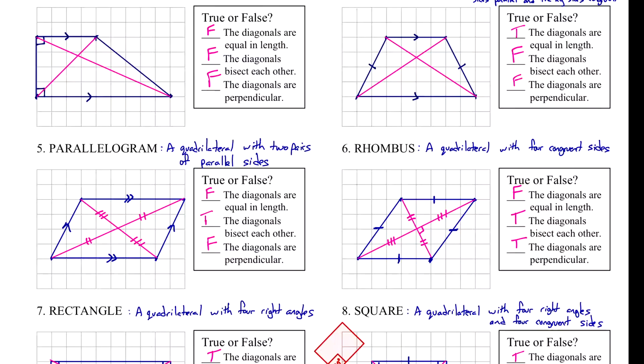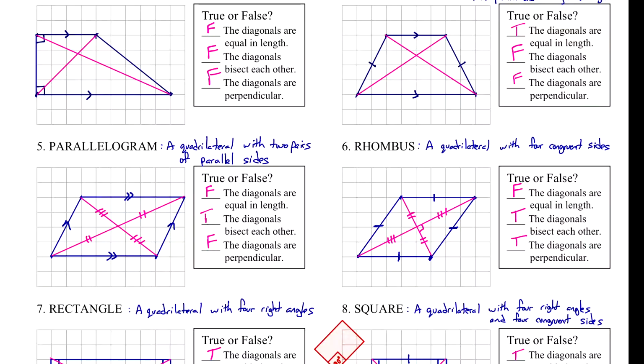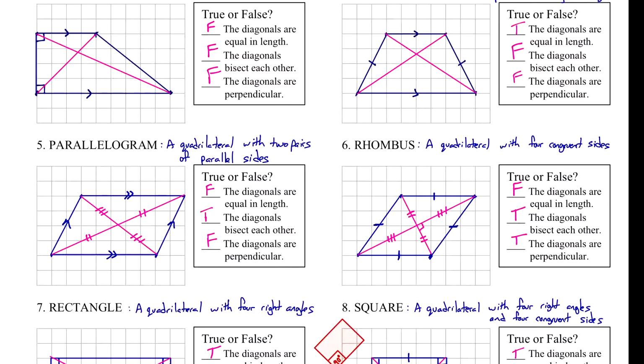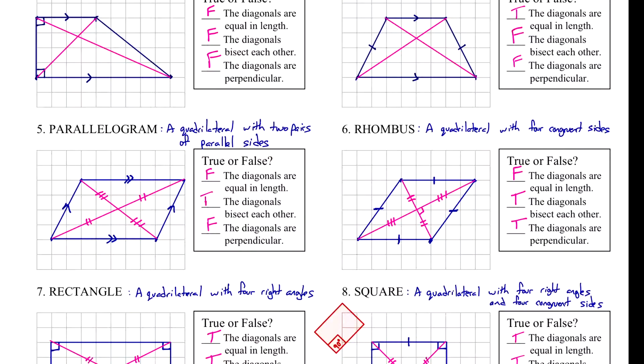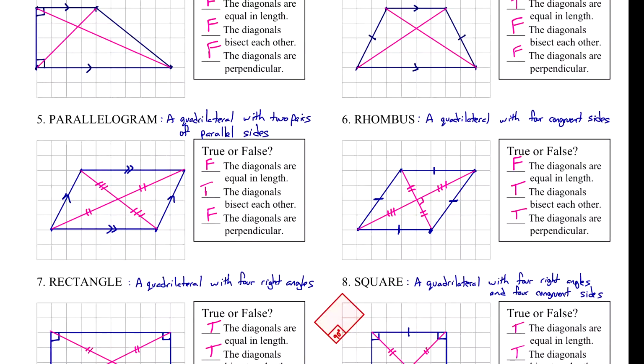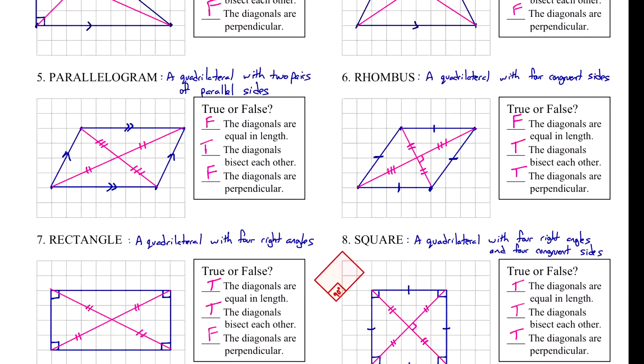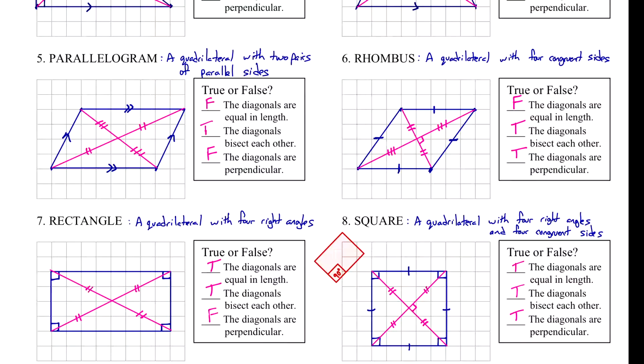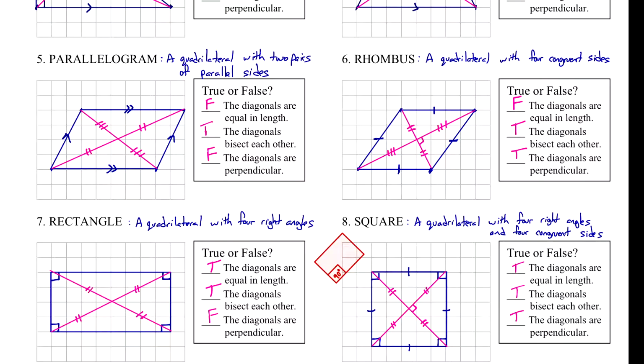Parallelogram only has 1 true, right? I didn't notice that before. And then not until we got to the rhombus did we have 2 things that were true. And then the rectangle has 2 things that are true, but 2 different things. Wow, I never noticed that before. And then now the square is the only one that has everything true.